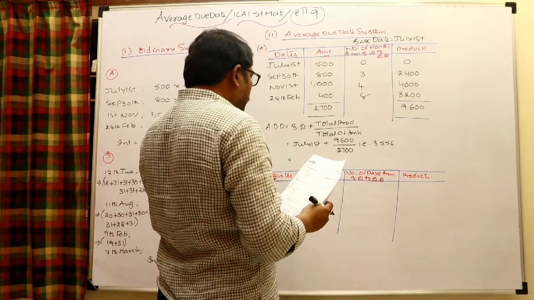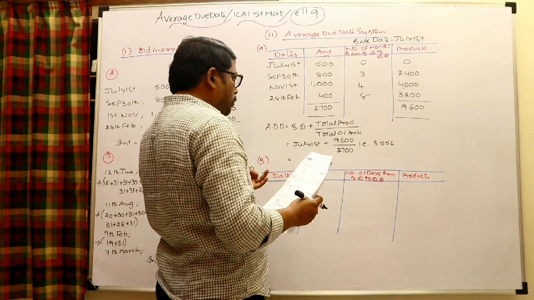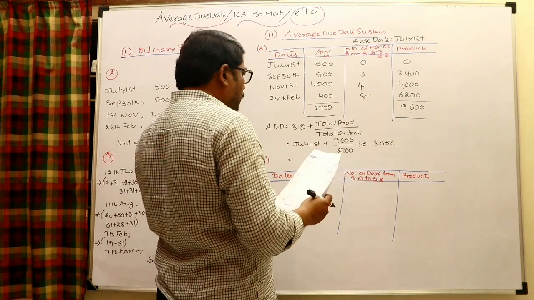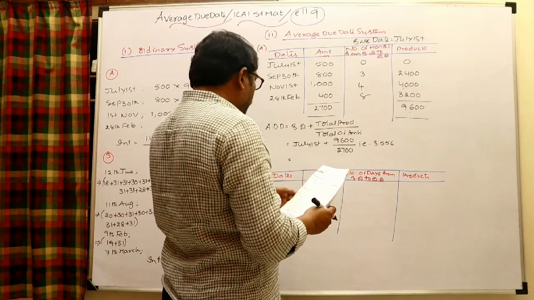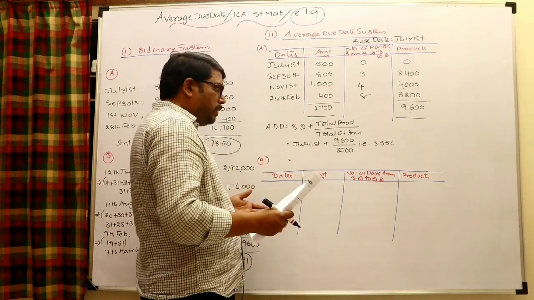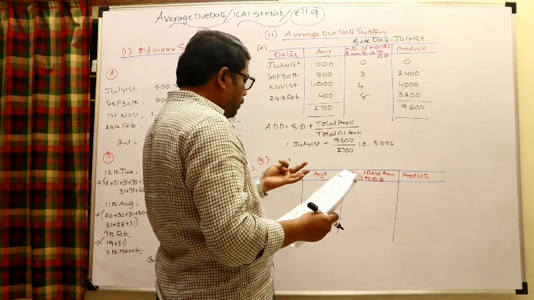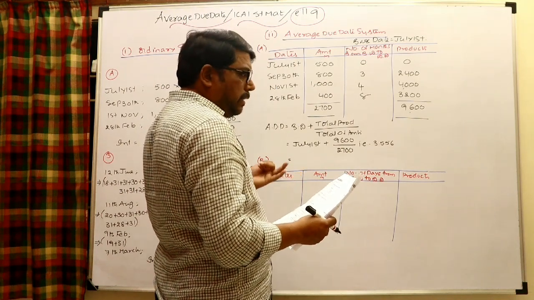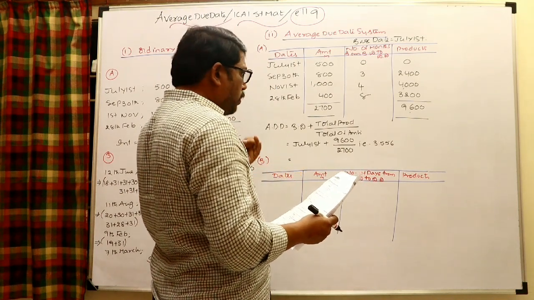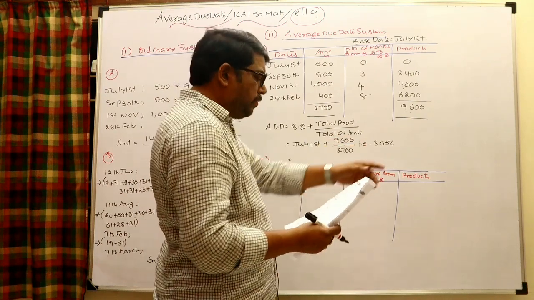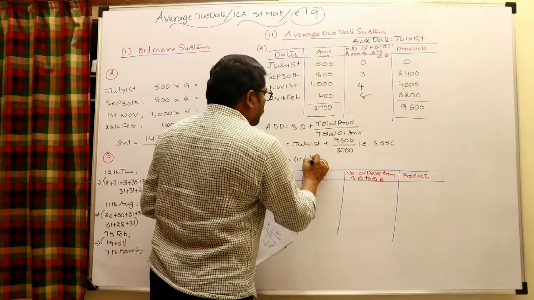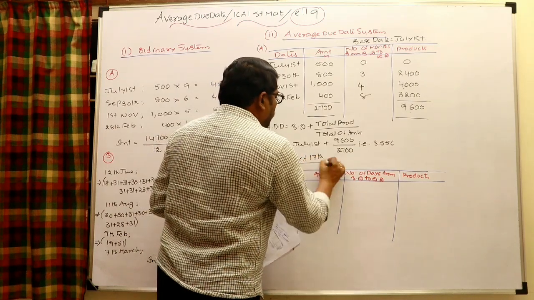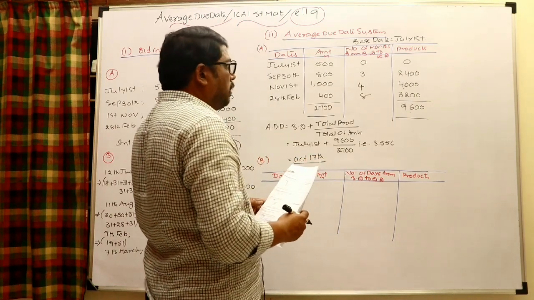July 1st, 3 months means August 1st, September 1st, October 1st, half the month 15 days, till October 16th, and 0.556 you can take plus 1 day, October 17th is the average due date.